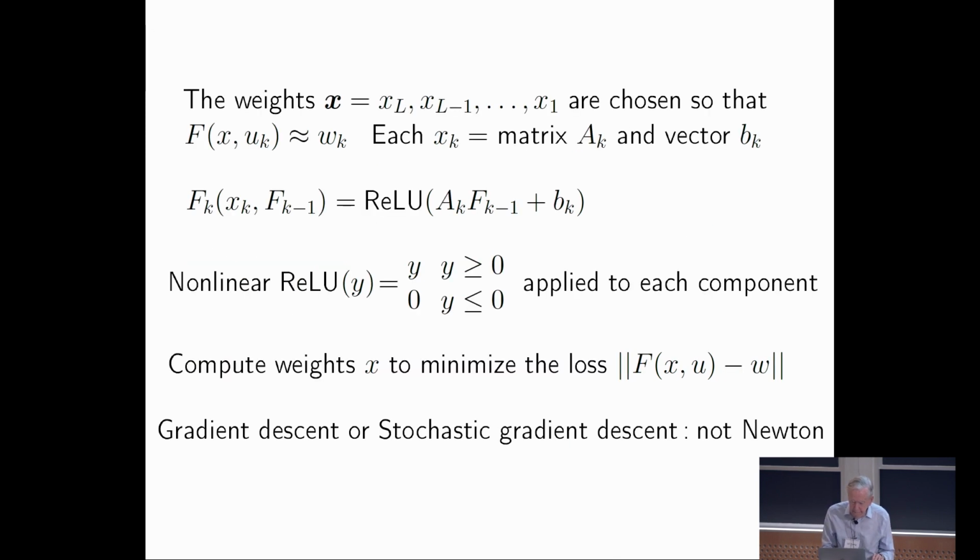What do they have? They have weights that we're choosing, like the coefficients in interpolation. That's normal. And they have nonlinearity. That's the unexpected part from the point of view of Lagrange interpolation or something, to have this nonlinear function ReLU applied to each component. You probably ought to know this ReLU function.